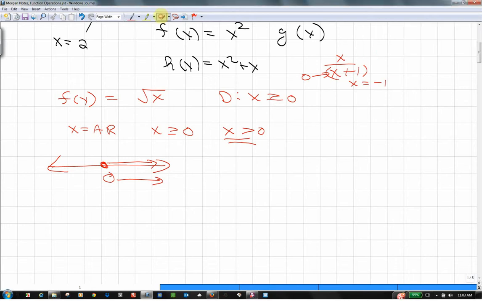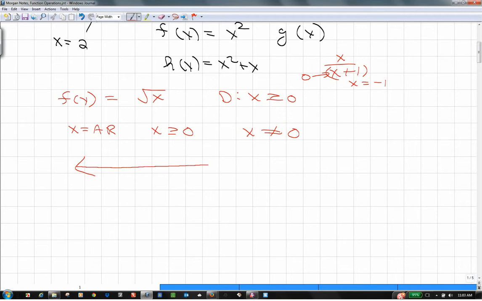So let's try another situation there, see what we can come up with. So if I would have this as my other domain, where x is not equal to 0, let's think of that as, okay, here is the domain of x is equal to all reals. That's the whole number line. But then I add the domain in there of x greater than or equal to 0.